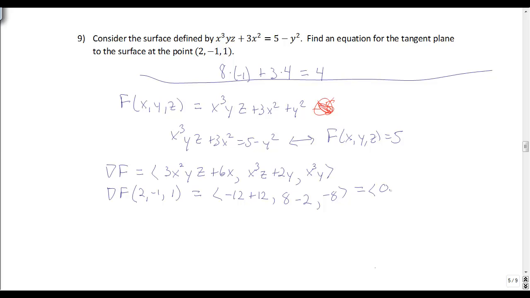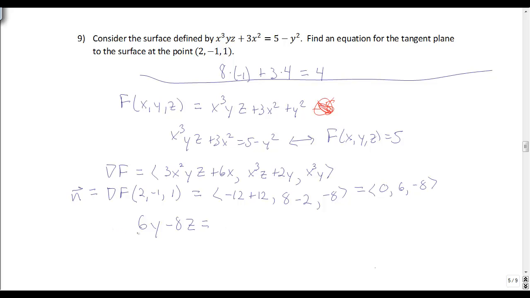When I get done, I get (0, 6, -8). So this is our normal vector to the plane. And then what I would really do with this is say 6y minus 8z equals some constant. That's our tangent plane.